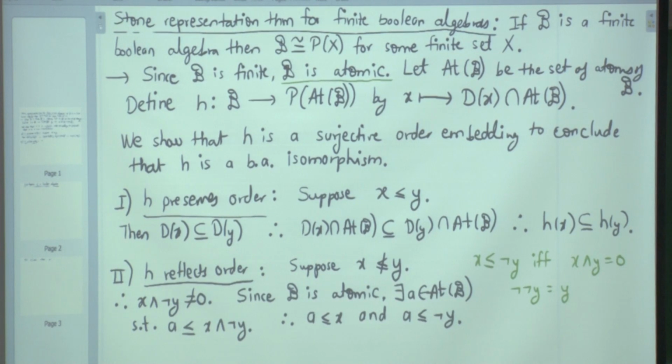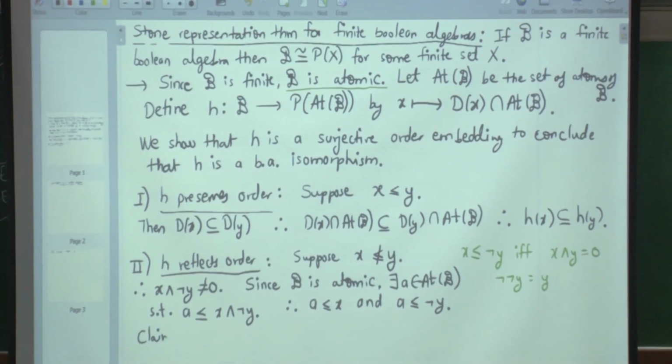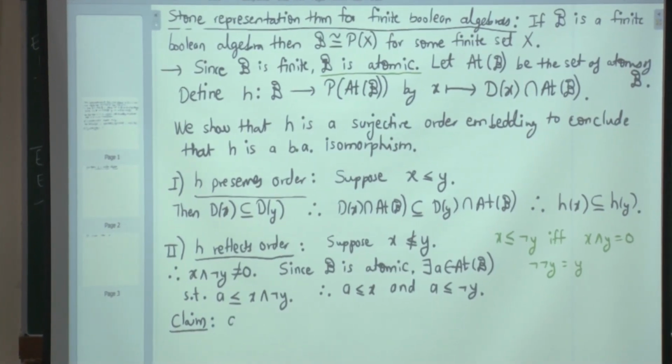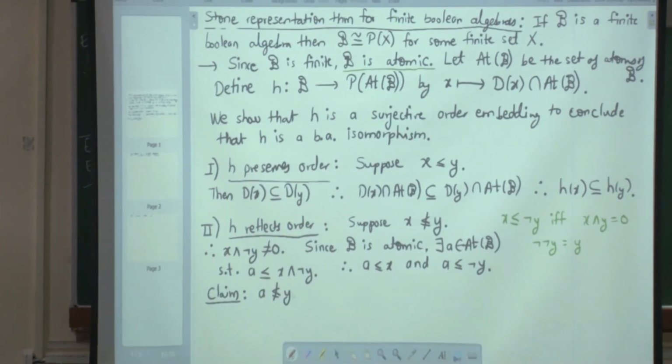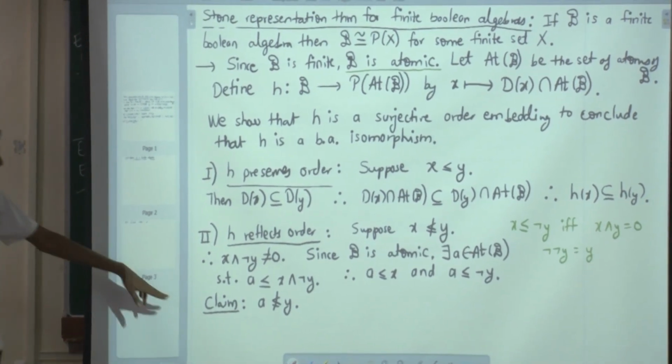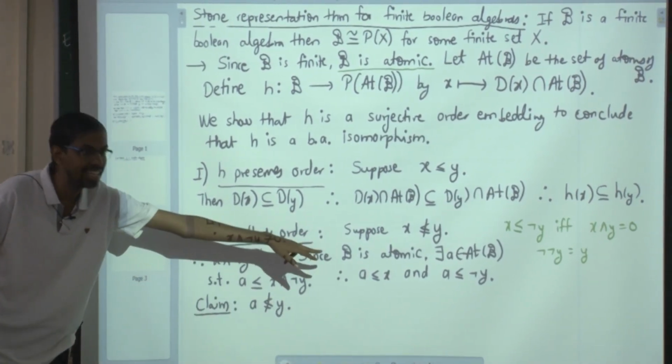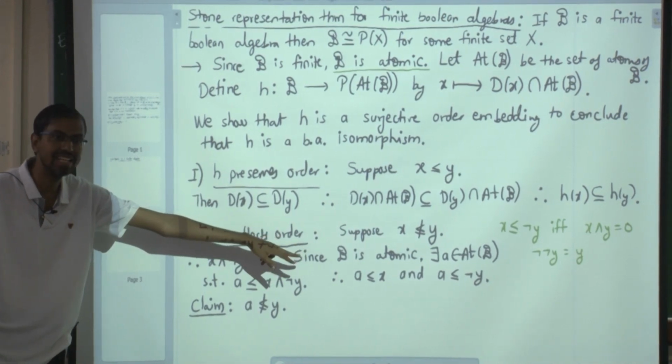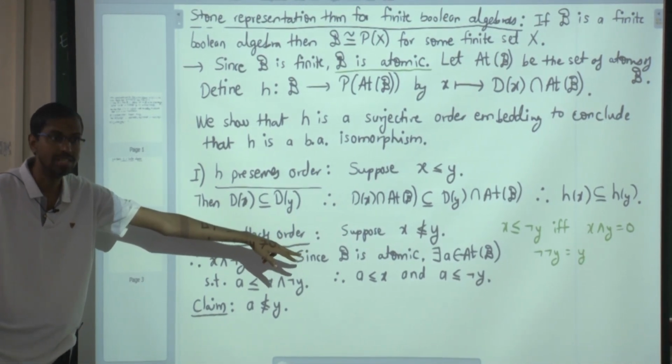Now what will happen? We claim that A is not less equal Y. See, if A is less equal Y and A is less equal negation Y, then A is less equal their meet.